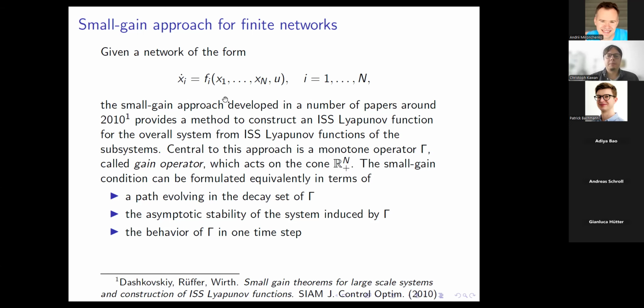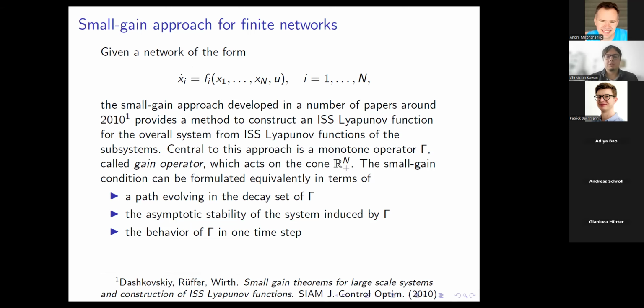You have a finite number of control systems like this, each one described by a nonlinear ODE. So we have n of those subsystems. And this approach provides a method to construct an ISS-Lyapunov function for the overall system that you get by putting all these subsystems together, from ISS-Lyapunov functions of the subsystems.